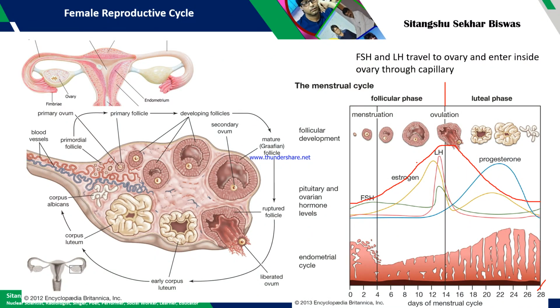Up to around 10 days, the GnRH concentration is increasing and it is stimulating the follicle stimulating hormone and the luteinizing hormone. The follicle stimulating hormone is this green line, and the luteinizing hormone is this line.